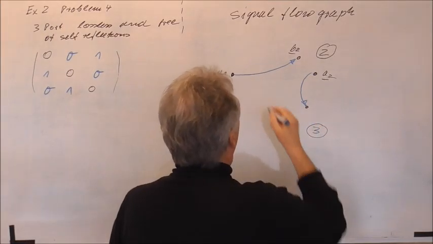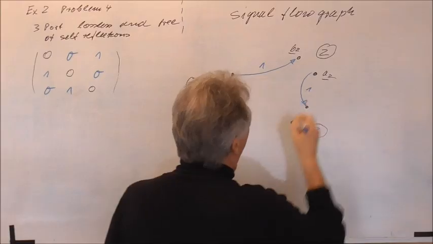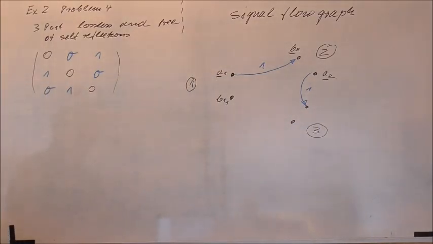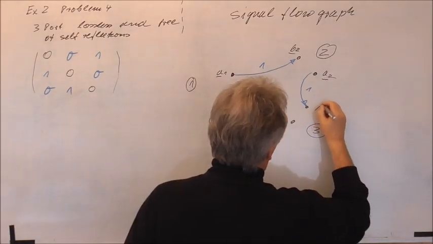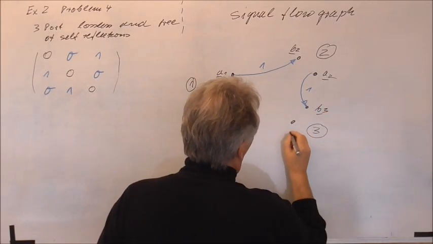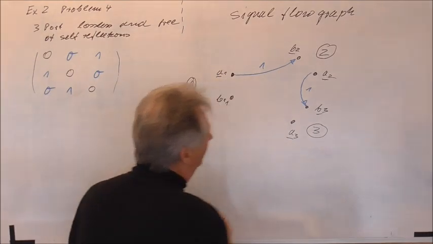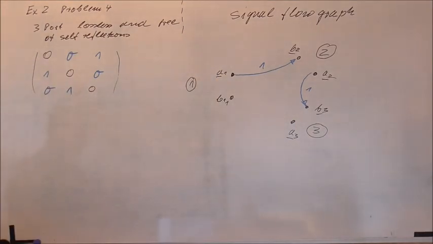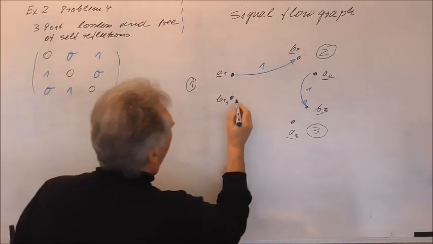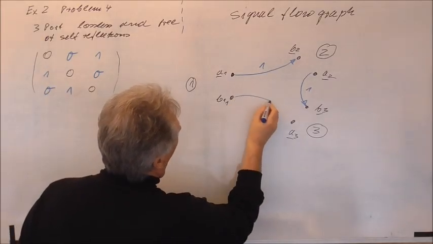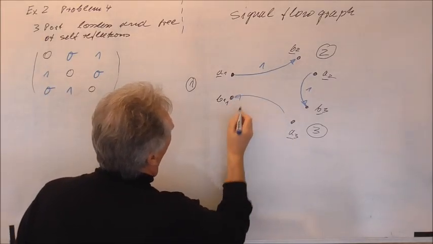I sketch it like this. So this is 1, 1. And if I insert a wave into port 3, this is then B3. Here we have A3, and if I insert a wave into port 3, then it will come out of port 1.